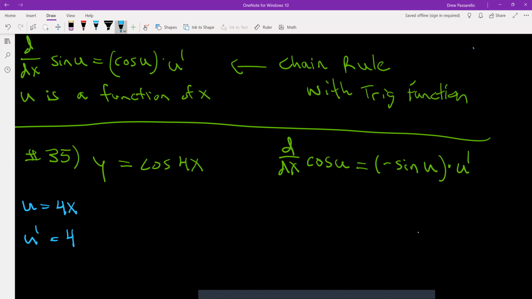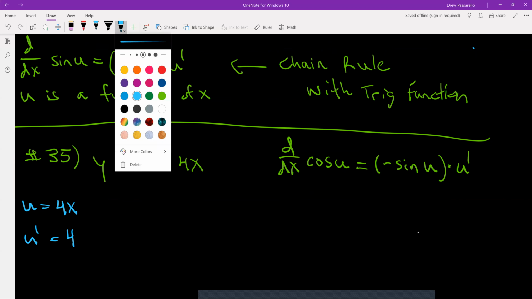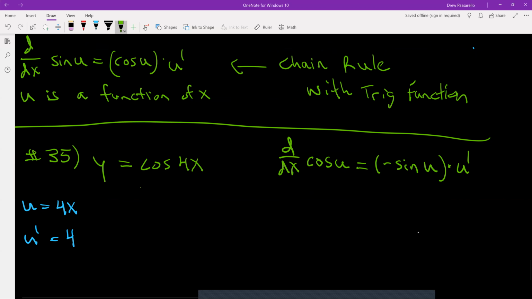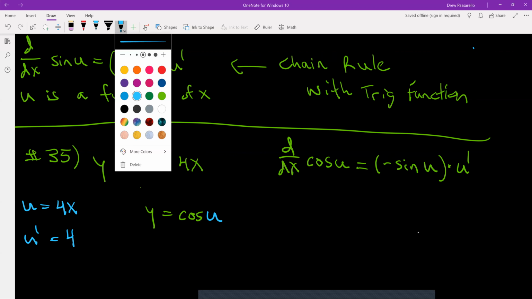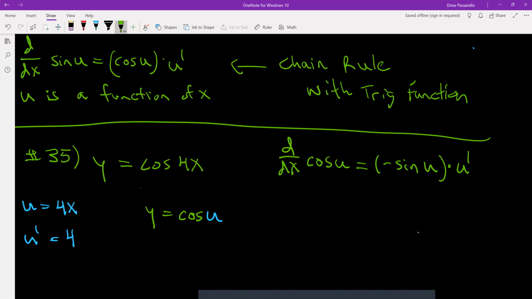U prime is going to be 4, because the derivative of 4x is 4 times 1, which is 4. So you could be extra thorough about it and write y equals cosine u. Then I take the derivative. So y prime is going to equal the derivative of the outside function, cosine, which is negative sine.